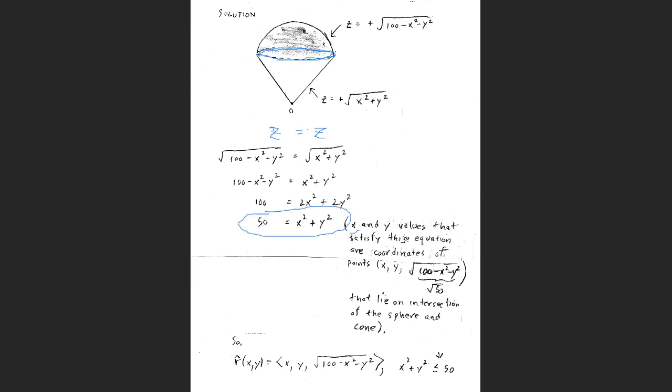The x and y values that satisfy this equation are the coordinates of the points that lie on the intersection of the sphere and the cone. Incidentally, the x and the y satisfy x squared plus y squared equals 50, but the z coordinate would have to be the square root of 50.